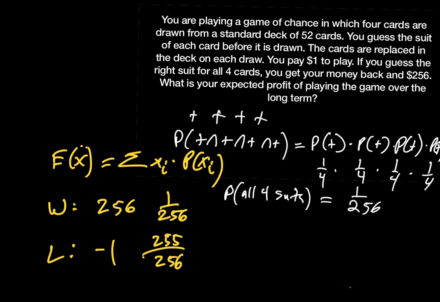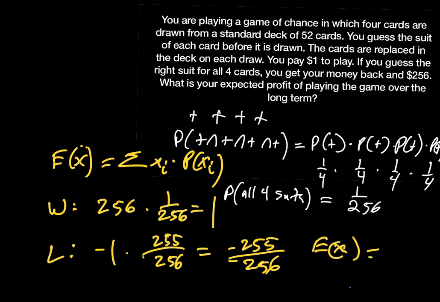The expected value is the sum of each outcome times its probability. If I multiply these, I get 256 times 1 over 256, which is 1, and -1 times 255 over 256, which is -255 over 256. Then I sum them up. That's capital sigma, so I add them all up: 1 plus -255 over 256. How are my fractions, 1 over 256, positive or negative?